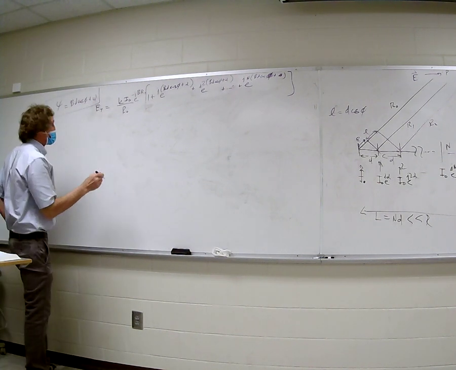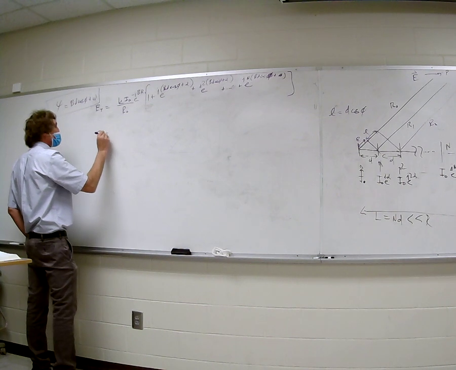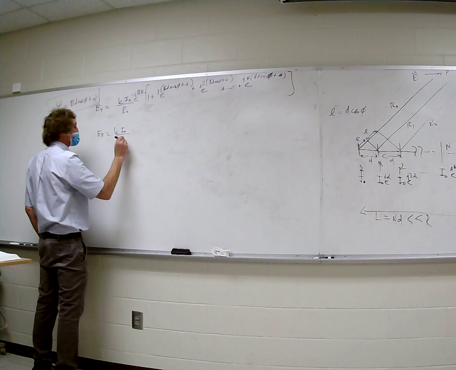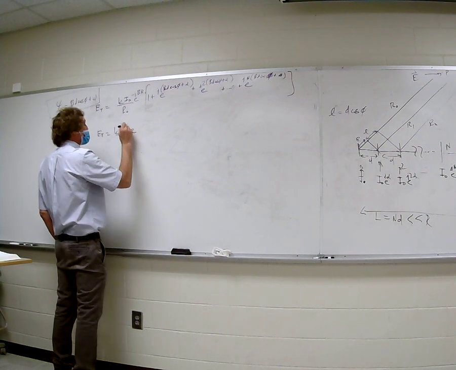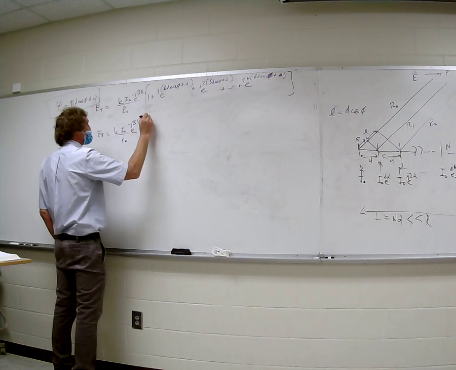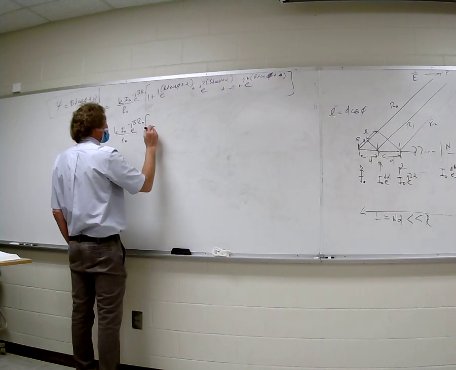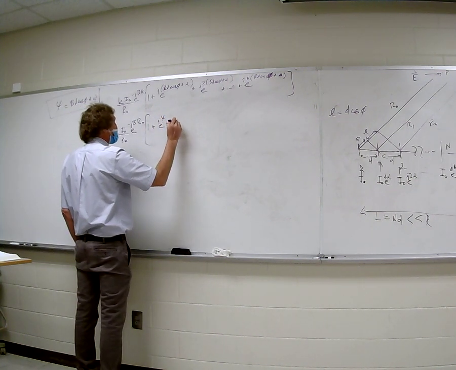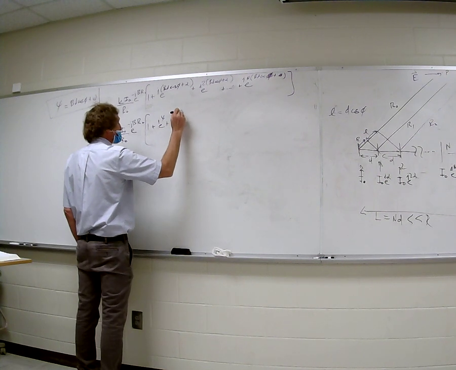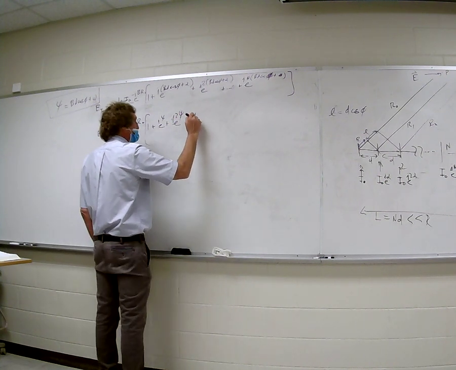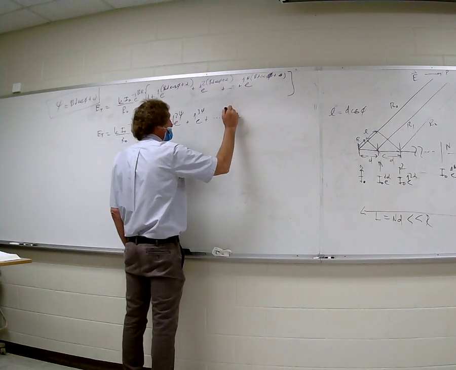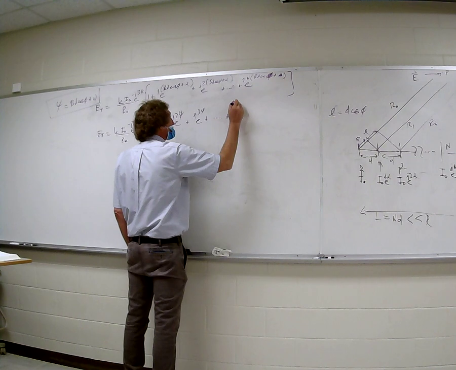So now I can say my E total here is equal to K I naught over R naught, e to the minus j beta R naught, times 1 plus e to the j psi plus e to the j 2 psi plus e to the j 3 psi plus dot, dot, dot, e to the j n psi.